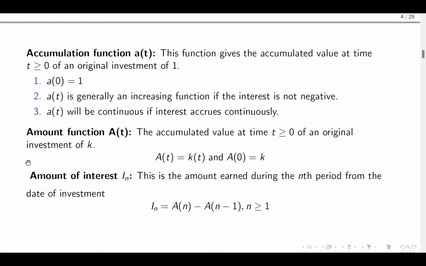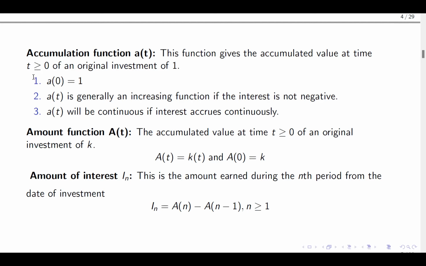How about the accumulation function? Okay, the accumulation function, a(t). This function gives the accumulated value at time t greater than or equal to 0 for an original investment of 1. So if we invested 1, then a(t) becomes the accumulated value at time t, which is greater than or equal to 0.